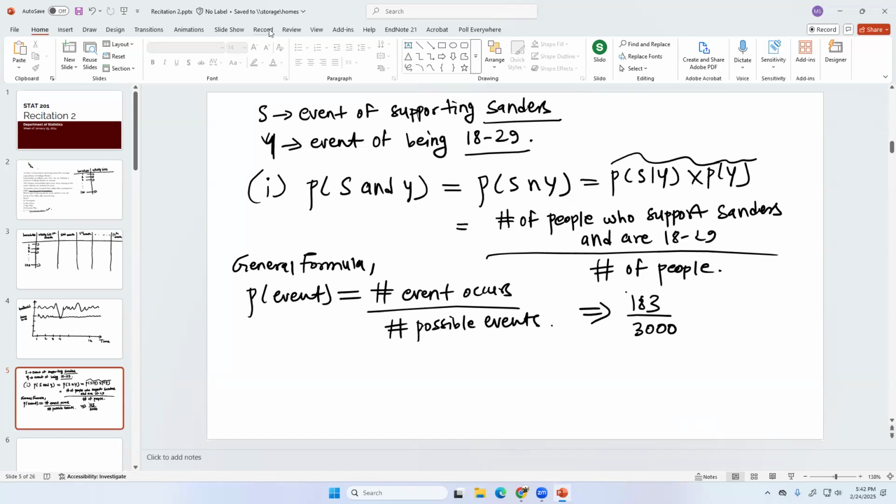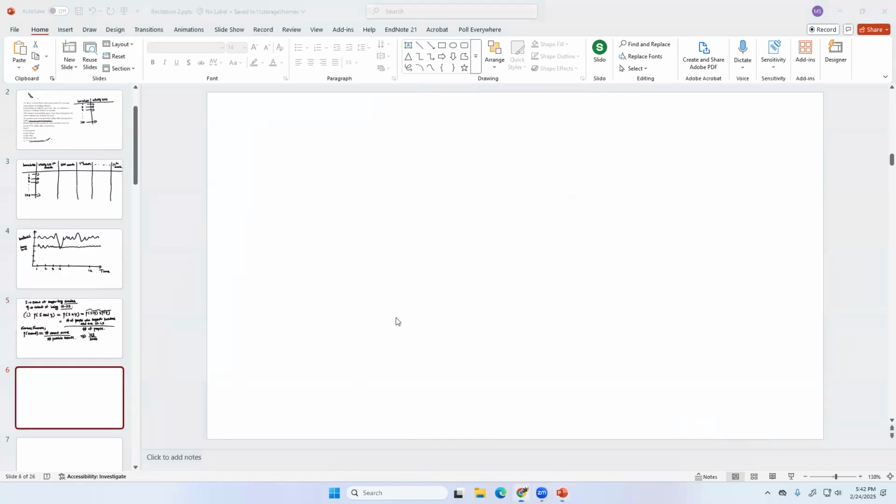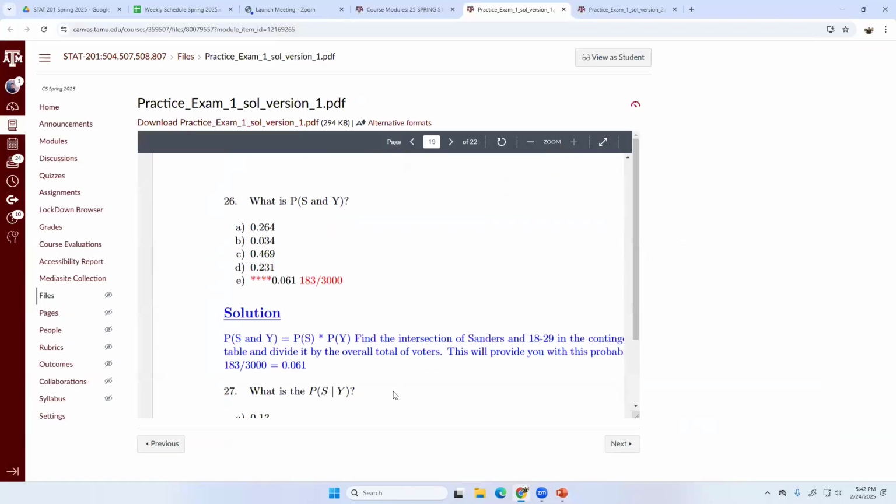And they are independent sort of events, right? Somebody being in the age of 18 to 29 does not have anything to do with whether they support Sanders or not. So this is how you do the first one. So let me go to the second one. What is probability of S given Y?